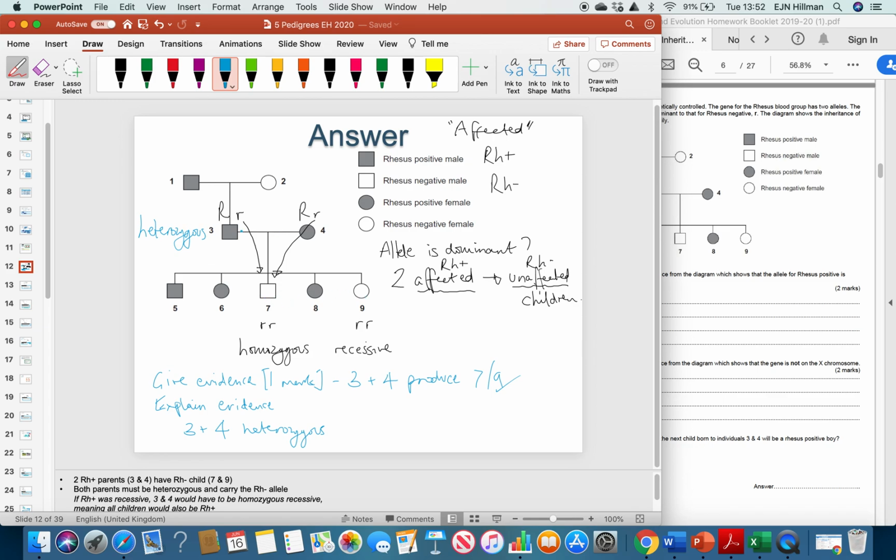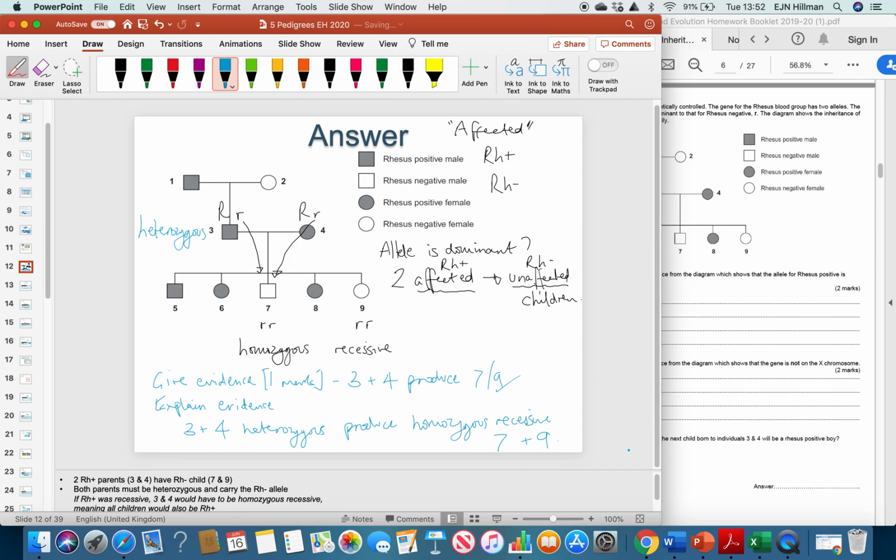They must be heterozygous because they can produce 2 offspring which are homozygous recessive. So 3 and 4 heterozygous produce the homozygous recessive 7 and 9. And that's an explanation.